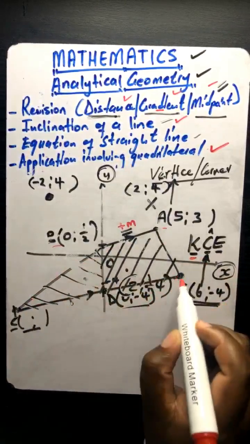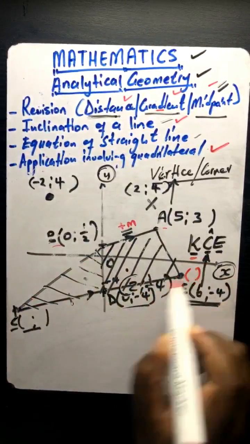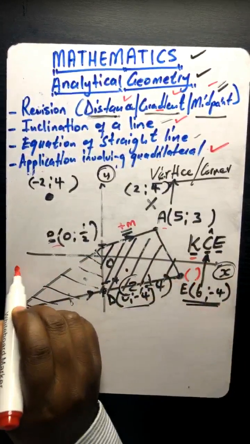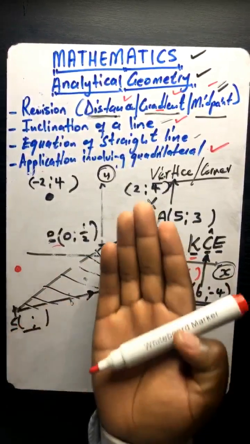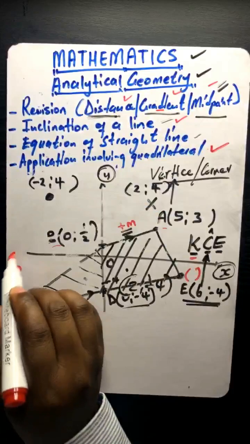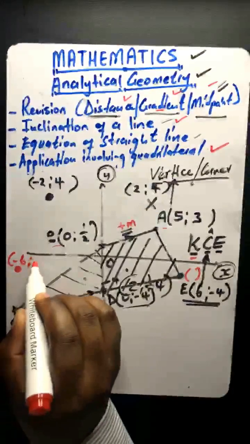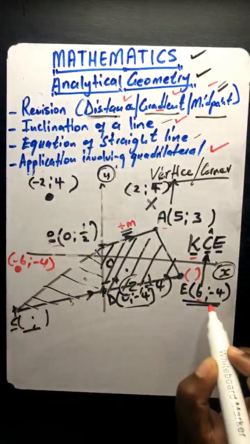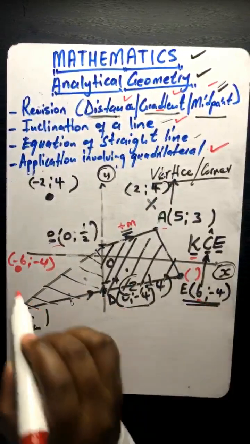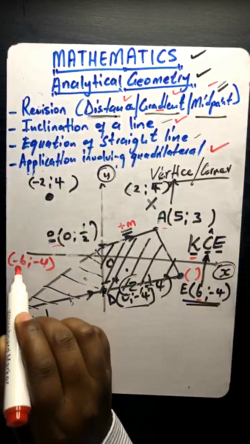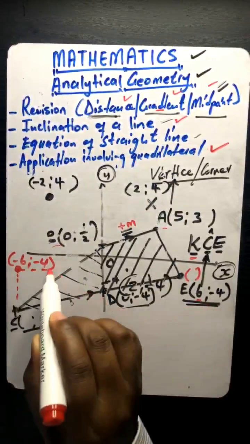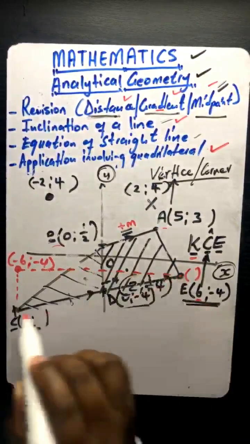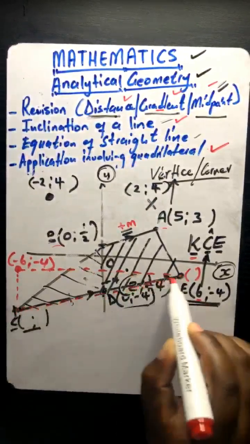So that means you had this point which has reflected to this side, and when it reflects about that, X is the one that changes, meaning you are having a negative 6. It's no longer positive 6, but it's negative. So the triangle that they are talking about, you might find that it is actually that new triangle.